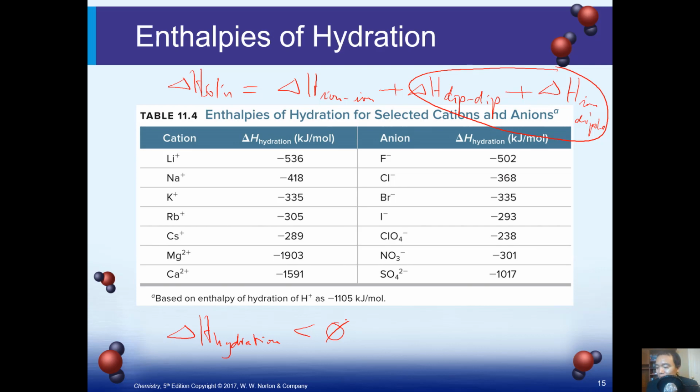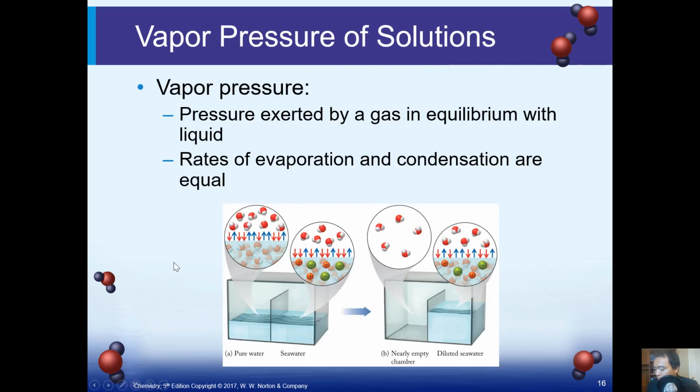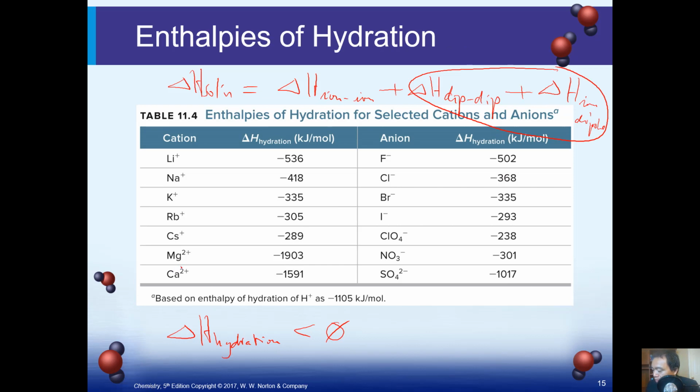For example, when you compare the calcium ion with potassium, calcium ion is more highly charged, so the process is more exothermic, or the magnitude for delta H hydration is bigger.